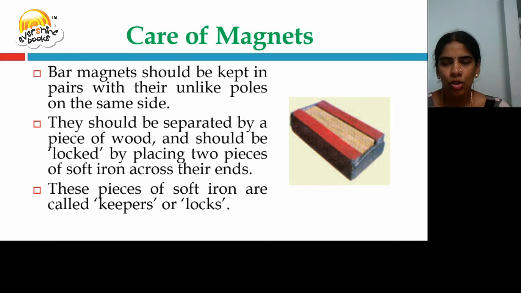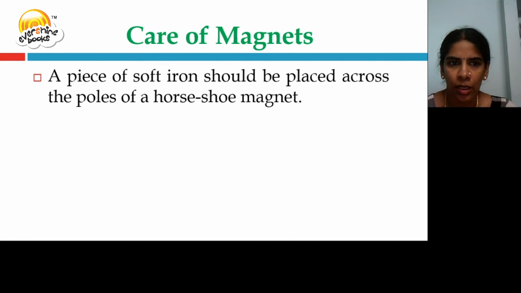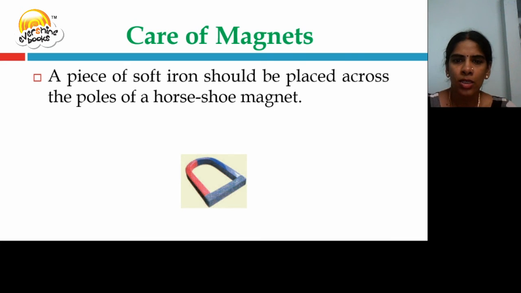That is, two magnets have to be kept separately, separated by a piece of wood, and should be locked by placing two pieces of soft iron across the ends. These pieces of soft iron are called keepers or locks. A piece of soft iron should be placed across the poles of the horseshoe magnet.